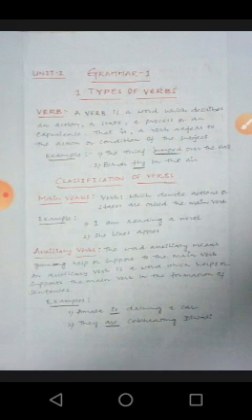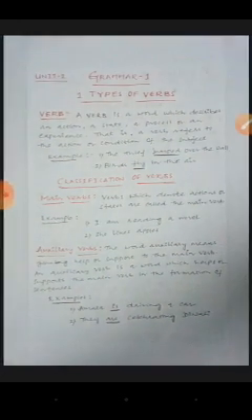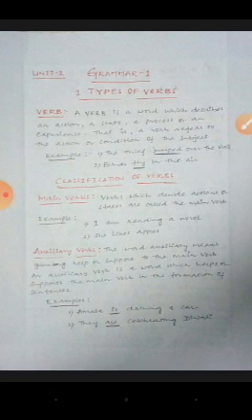In classification of verbs, there are two types. First one is main verbs and second one is auxiliary verbs. What do you mean by main verbs? Main verbs are those which denote action or state. Example 1, I am reading a novel.